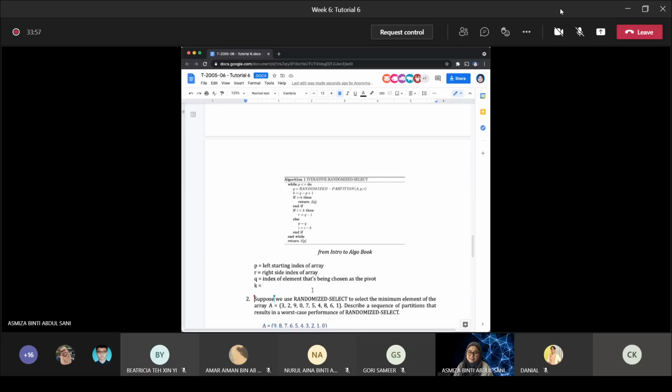So let's say the index that you found is 4 after you do the randomized partition. K is the order statistic, the order for the element. The index starts from 0, P is 0, and R is some number.